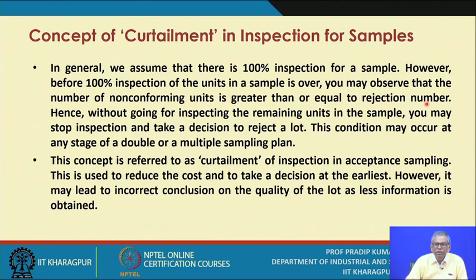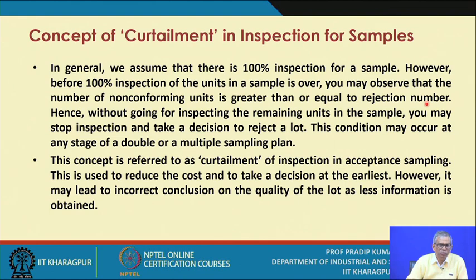Immediately you can take a decision: I have inspected only 10 units, and the 10th unit is the third non-conforming unit, whereas the acceptance number is 2. So immediately I am going to reject this. I don't need to inspect the remaining units.